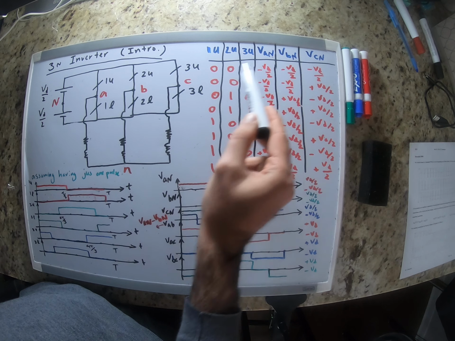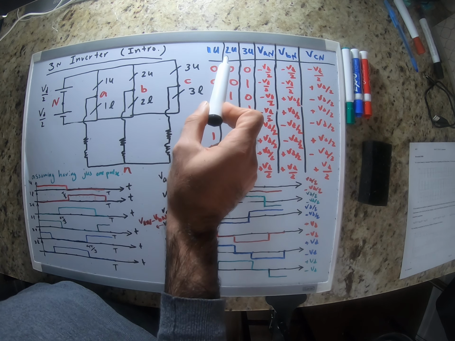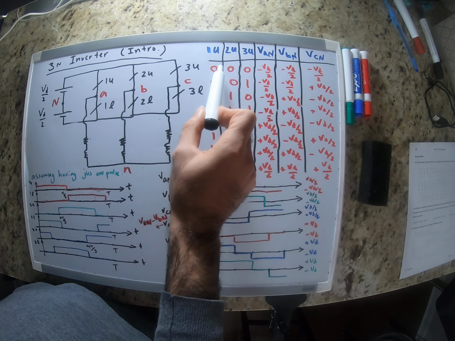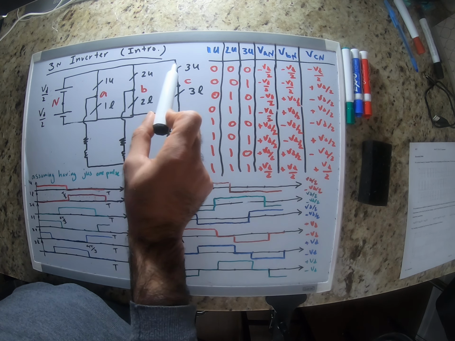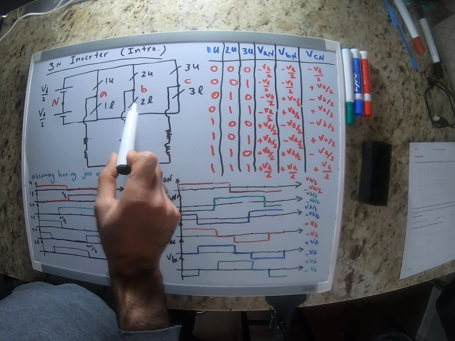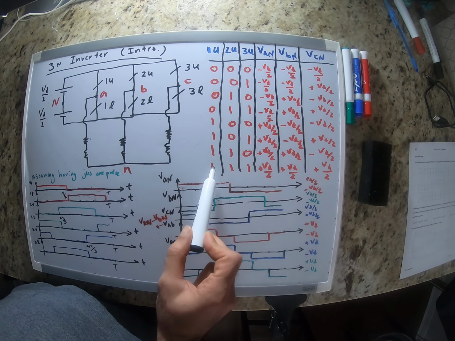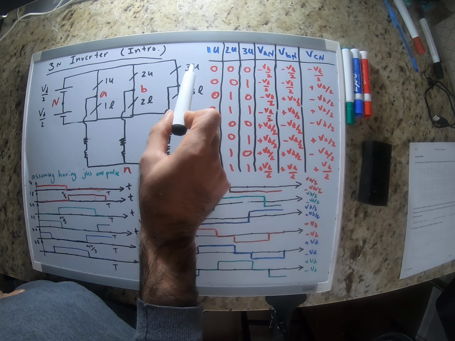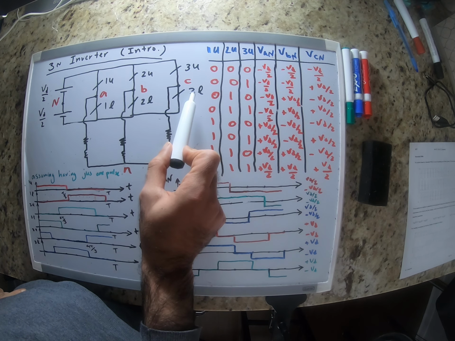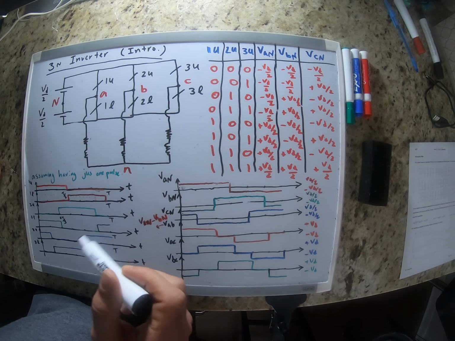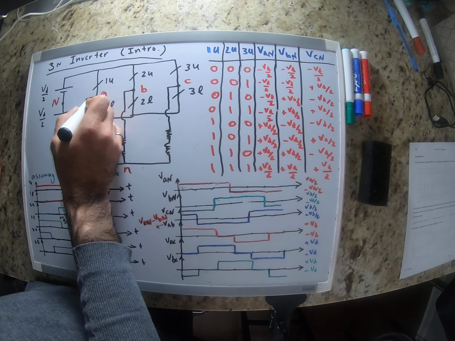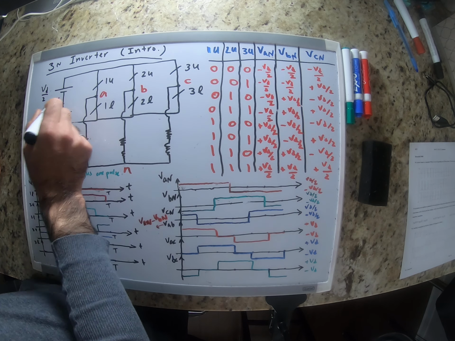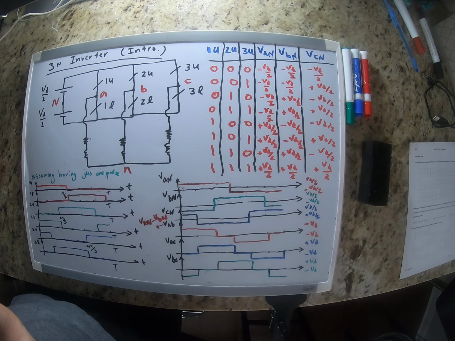Here I have a truth table that tells us what the status of the switches can be. From 0, 0, 0, when all 3 upper switches are off, which means that the lower ones will be on, up to 1, 1, 1, where all the upper level switches are on and the lower switches are off. Let's see what the voltage of phase A compared to neutral, phase B compared to neutral, and phase C compared to neutral would be for each of these states.